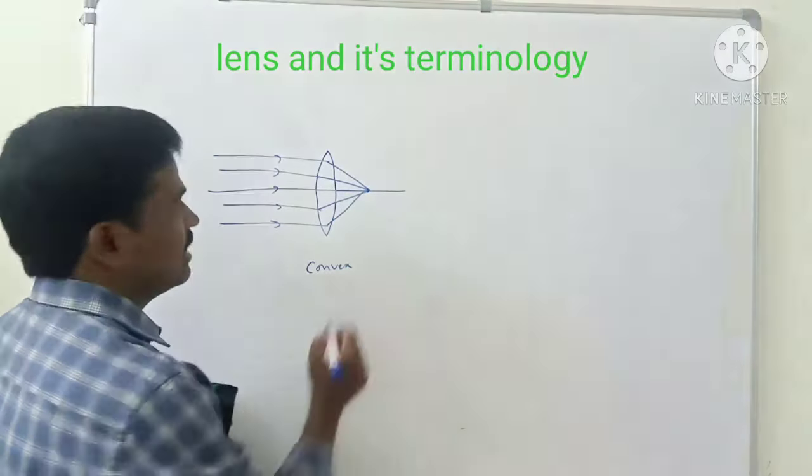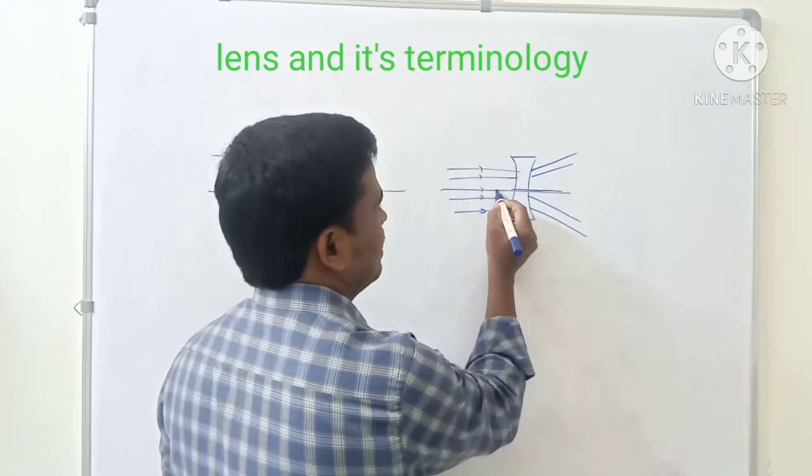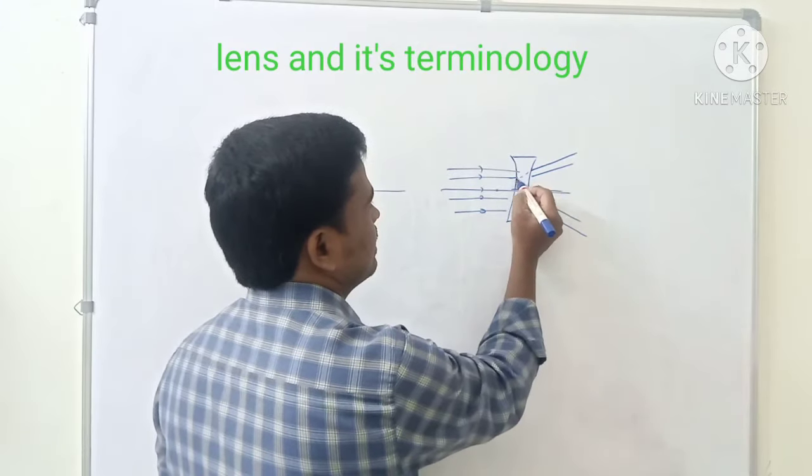At the same time, on a concave lens, if the rays are coming parallel to the principal axis, the rays seem to be emanating from a point on the principal axis.